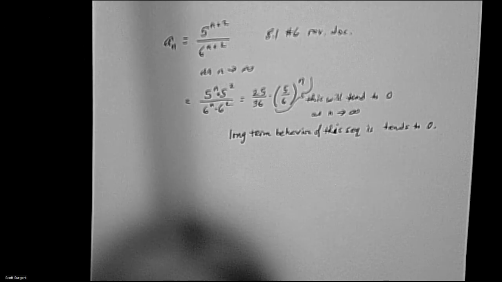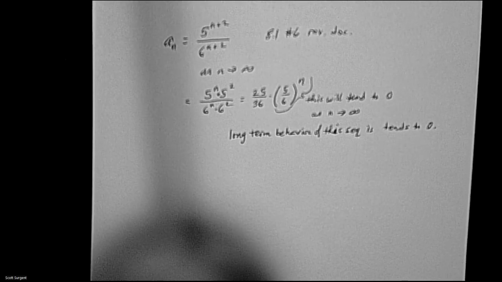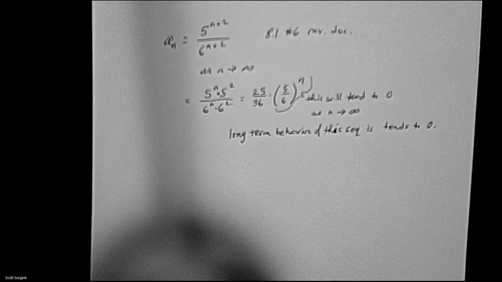Generally speaking, when you get something that's kind of creative like this, I tried to trim it down a little bit. I tried to get to the good stuff, which was this 5/6 to the n. Because the 25/36 out front ultimately is not going to do much. All the action is happening with the 5/6 to the n. And that's really what's going to govern whether this thing is going to converge to zero or not.